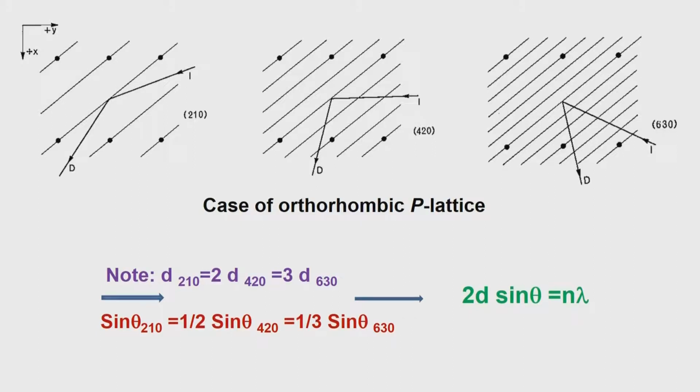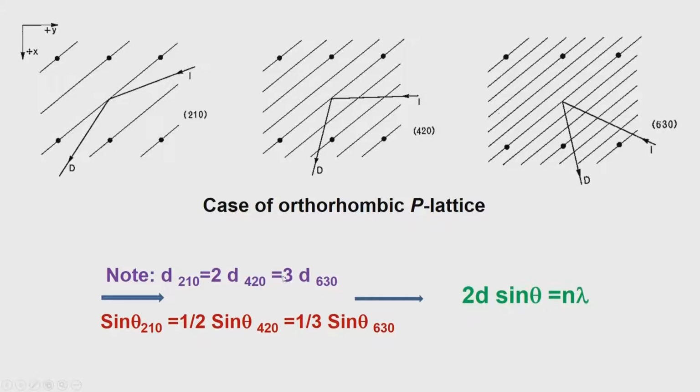To see the role of this n, which is referred to as the order of the reflection, we have already discussed this, but we will again look at it from the point of view of how the angle changes with the variation in the values of H, K and L. Suppose this HKL is 210. Consider 2 times d420, where we have now taken 2H, 2K, and of course 2L, which is 0, and 3 times d630.